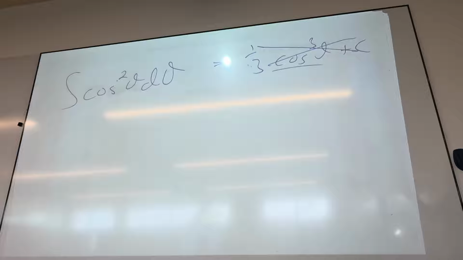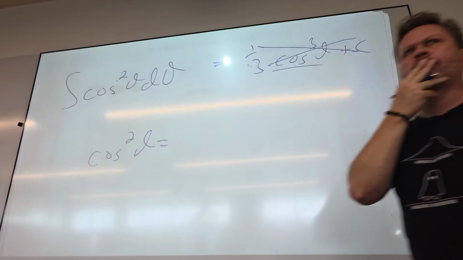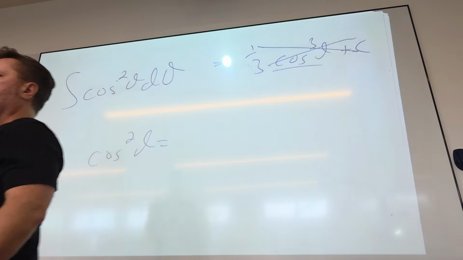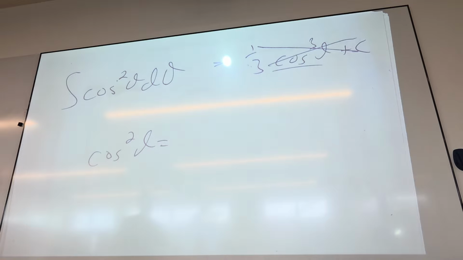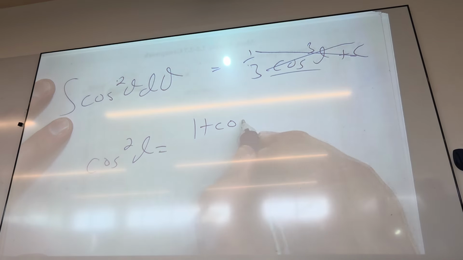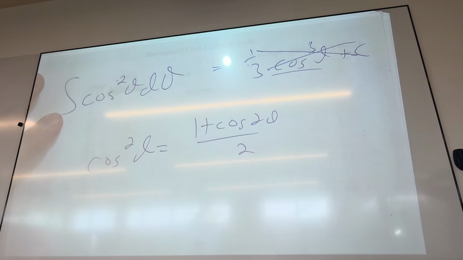Okay, so what do I do? Does anyone remember? Do we have an identity that might help us? Does anyone remember what it is? One plus cosine of 2x, over 2. Okay. So cosine squared is 1 plus cosine 2 theta, over 2.